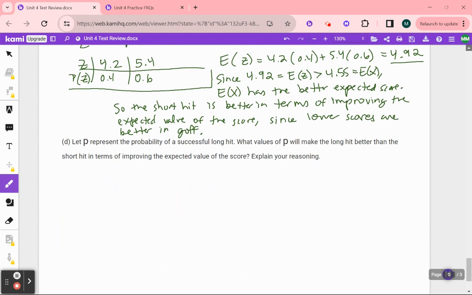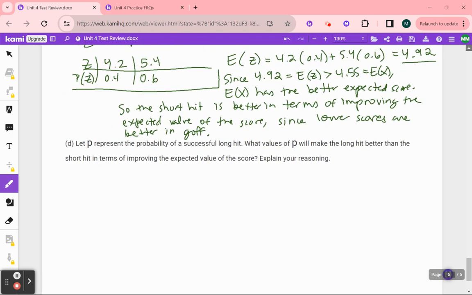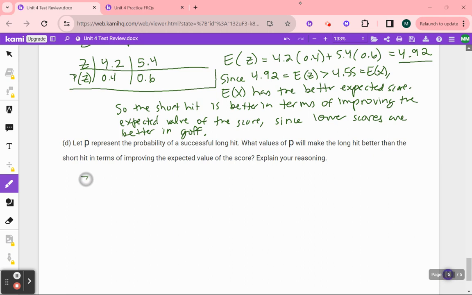Okay, now let P represent the probability of a successful hit. So before we had P equaled 0.4, but now it's just P. What value of P will make the long hit better in the short term? Let's redo the distribution of Z. So now we have Z still. Z could be 4.2 or Z could be 5.4.